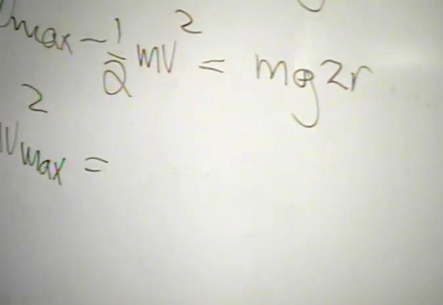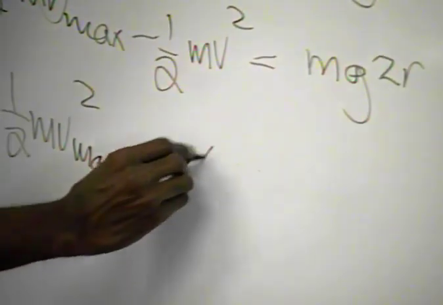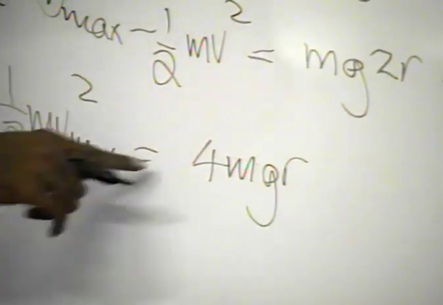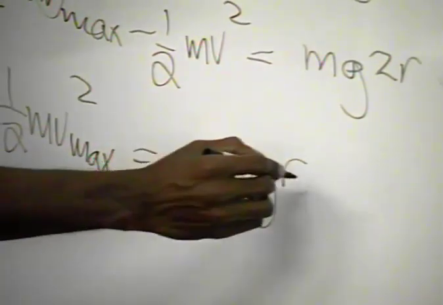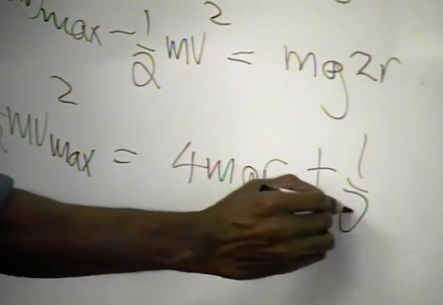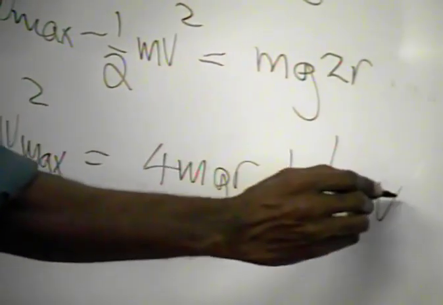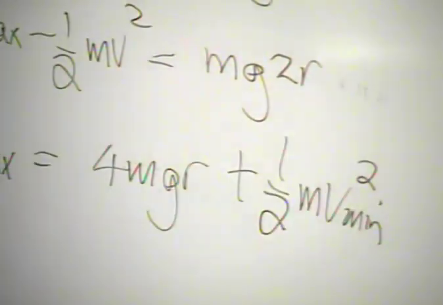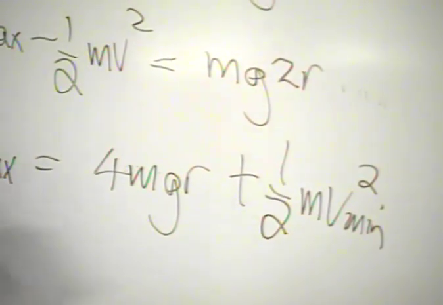Since you bring 2 over here, it will be 4mgr because of that 2. And this one will be plus half mv square minimum. I'll just leave it here and then you solve the rest.